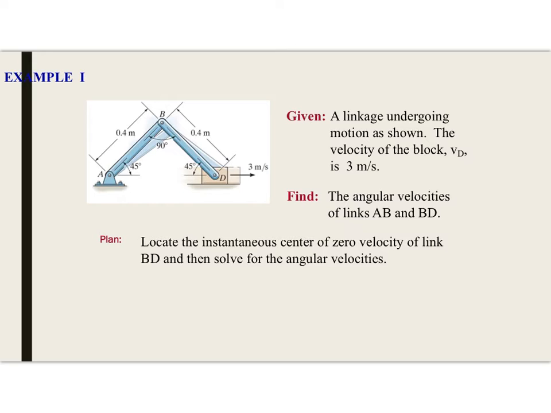For instance, here we know the velocity of D looks like this, but at the same time there's a velocity of point B, and so we can trace back from those points to see where they intersect, and that becomes our instantaneous center. And then we can work from there to calculate the angular rotation of that link BD.